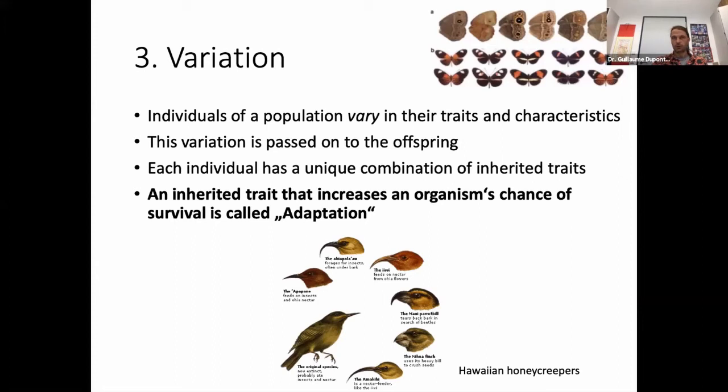So variation is relevant for the evolution of different morphologies. For instance, as you can see in these Hawaiian honeycreepers. These birds go back to a single ancestor and have developed a large diversity of beak shapes and sizes in order to access certain food.